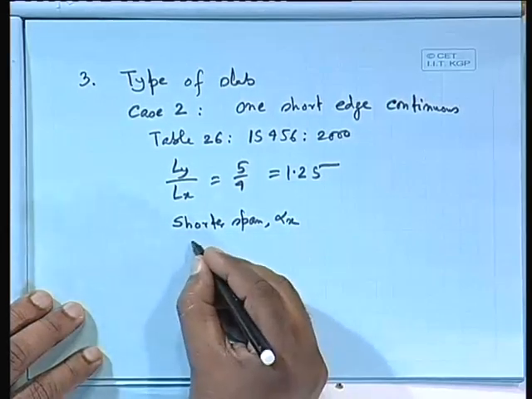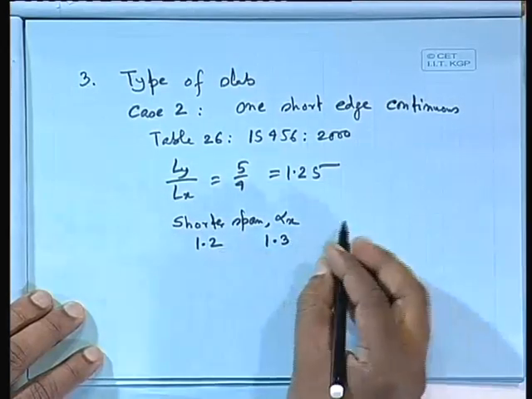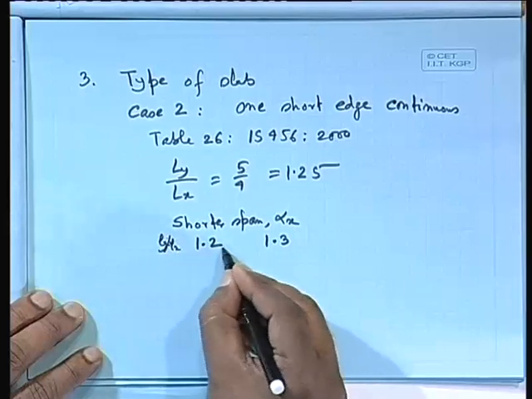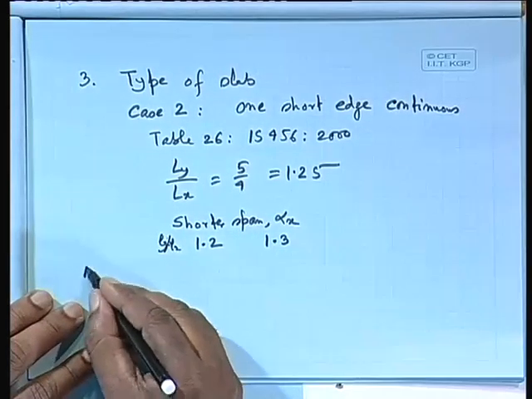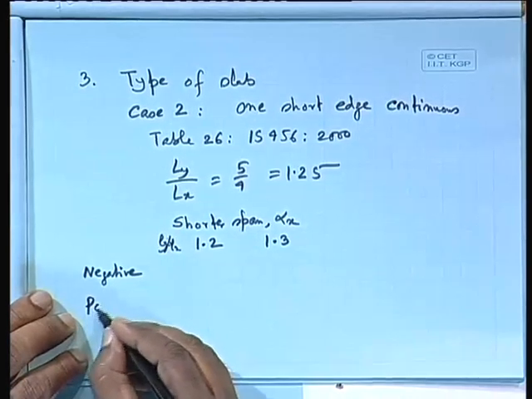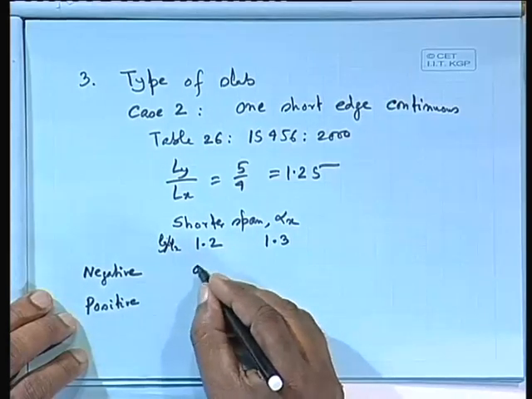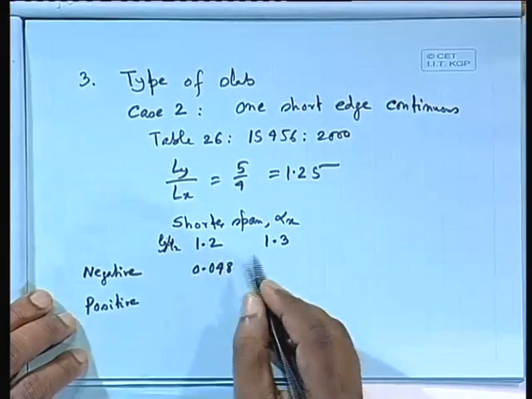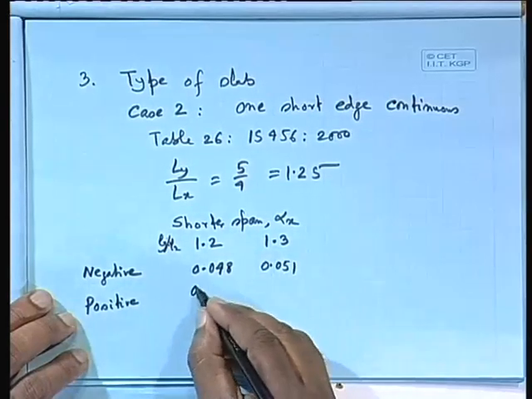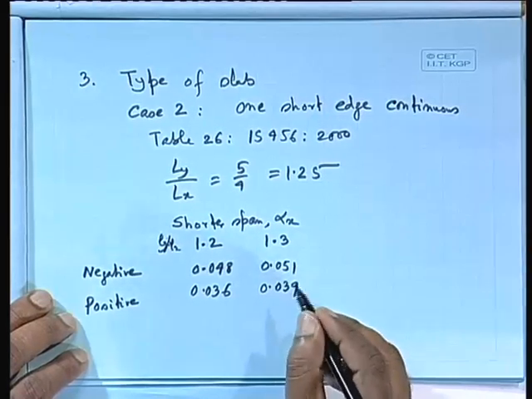It is between 1.2 and 1.3, that Ly by Lx should be between 1.2 and 1.3, and we can have negative moment at the support and positive moment in the span, and the values come 0.048, you can check it in table 26, 0.048 and 0.051, 0.036, 0.039.